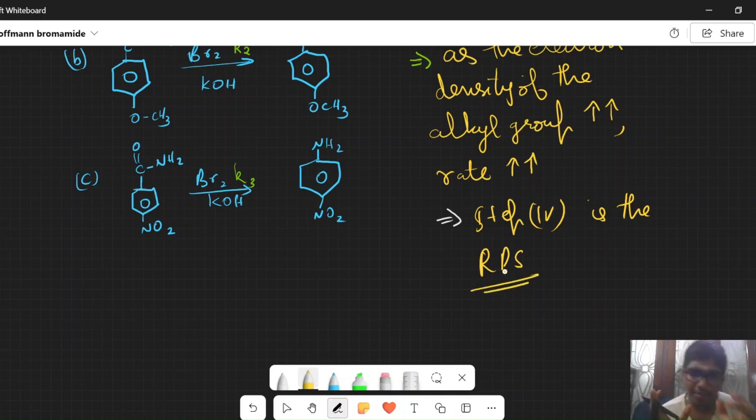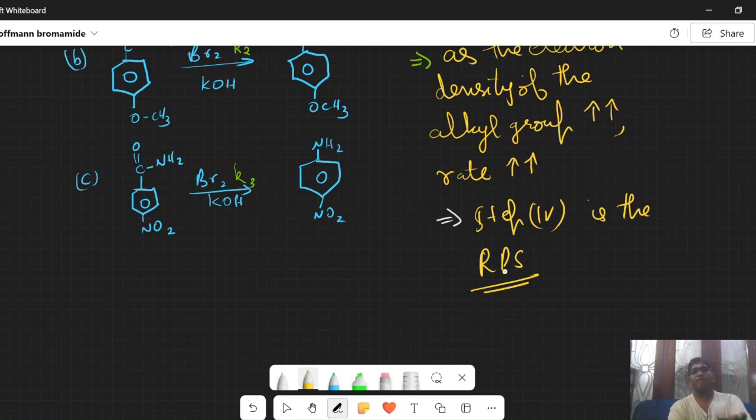So this was the experimental conclusion scientists came to after they studied the reaction or reactions of these three compounds, and they clearly understood the electron density in the alkyl chain influenced the rate of the reaction, and therefore step 4 was claimed to be the rate determining step.